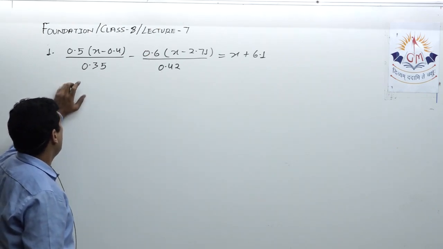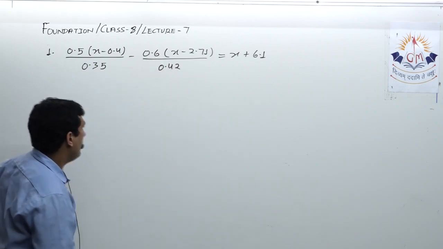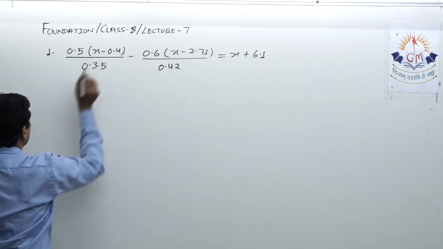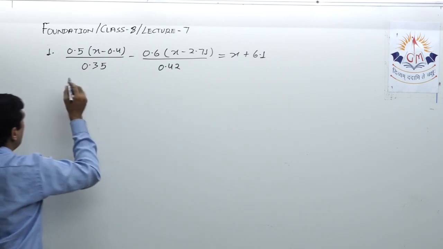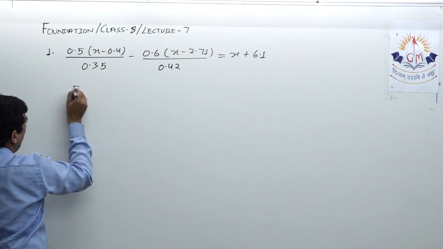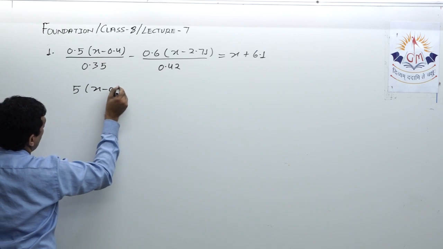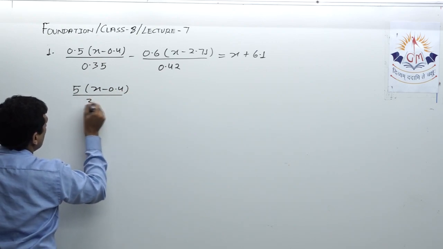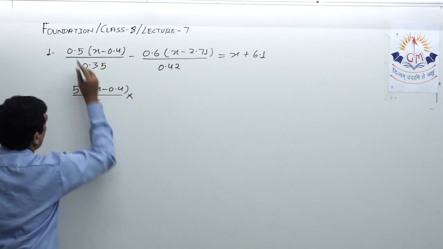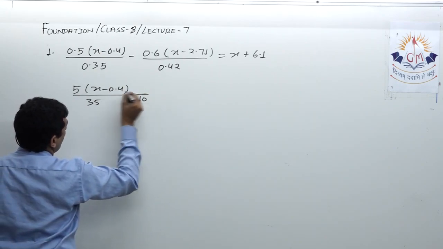We'll keep the decimal within the bracket as it is, but definitely we can remove this decimal, so it will make our calculation a little bit easy. So what I am doing here, I am writing 5 into x minus 0.4 divided by 35. Now I removed this decimal, so to compensate I am taking 10 in the denominator.